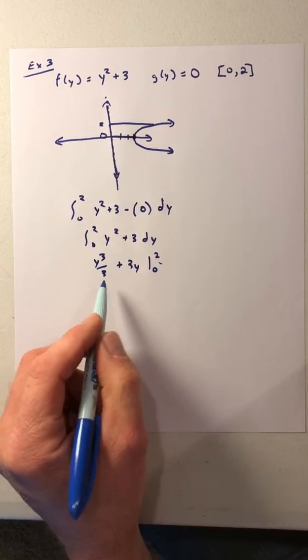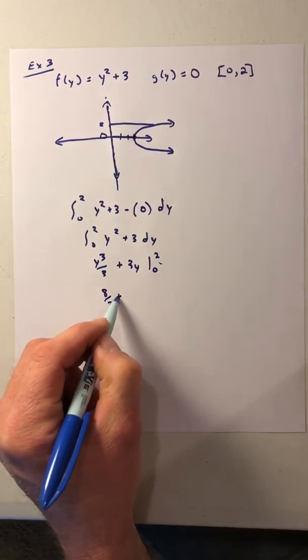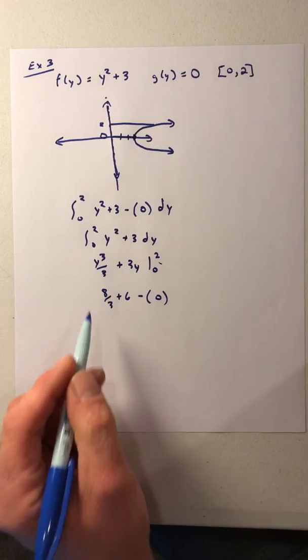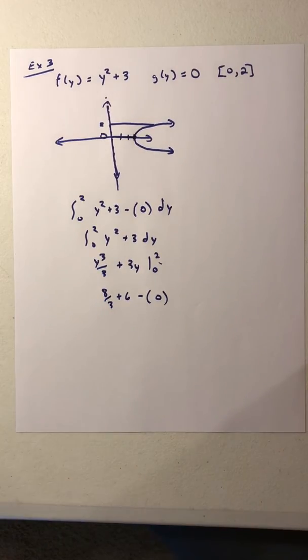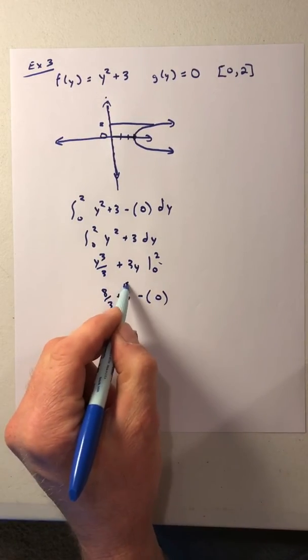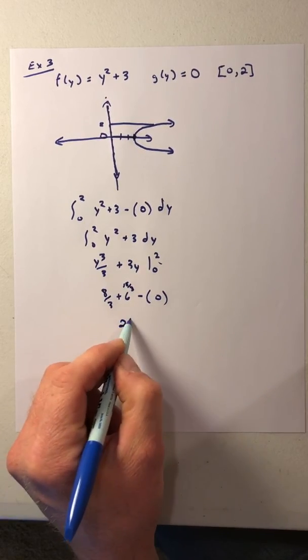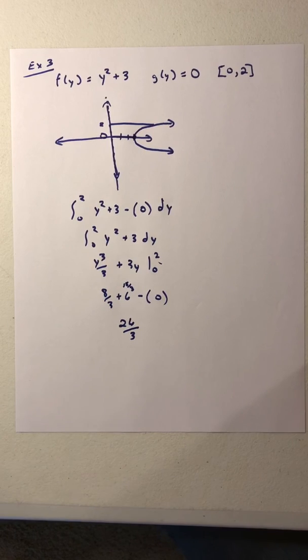Plug in the 2. We have 8/3 plus 6. Plug in the 0. We get 0 again. So 8/3 plus 6. Well, 6 is 18/3. So 8 plus 18 gives us 26/3. And that allows us to find the area with respect to the y-axis.